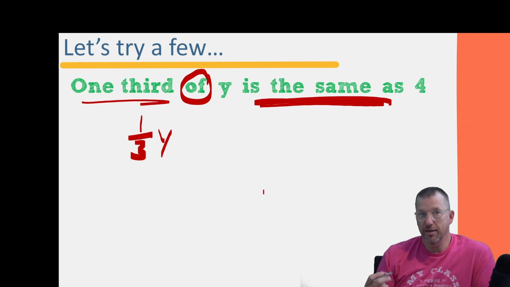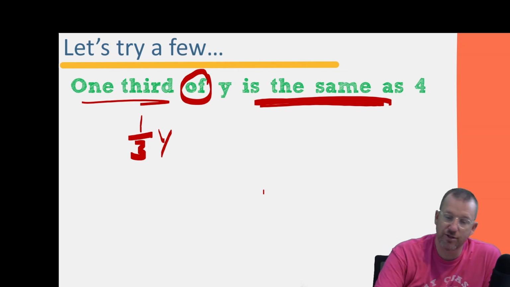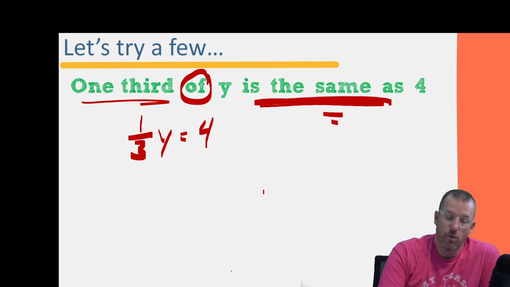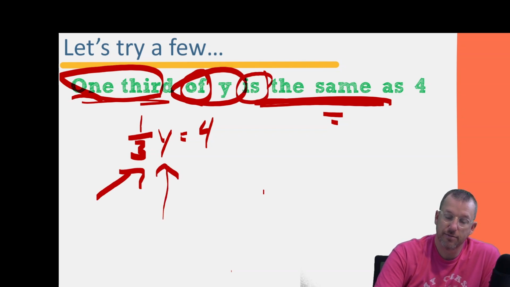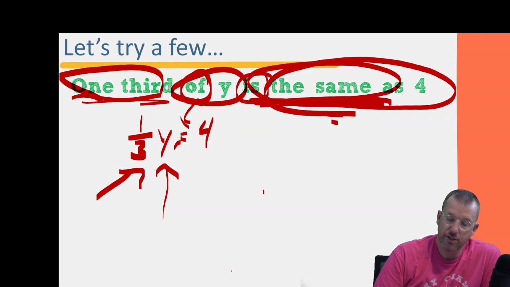Well, what does equal mean? It means whatever I have on one side has to be the same as whatever I have on the other side. So that is code for equals. 1/3 of Y is 4. There we go. 1/3, wrote the fraction, of Y, there's our times Y, is the same as, there's our equal sign, 4. All right, let's try another one.